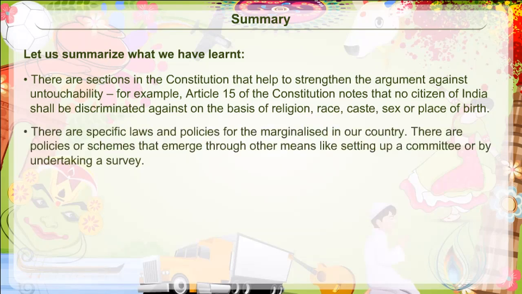There are specific laws and policies for the marginalized in our country. There are policies or schemes that emerge through other means like setting up a committee or by undertaking a survey.